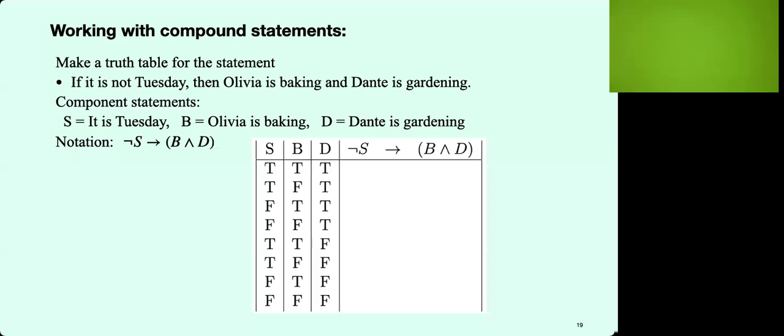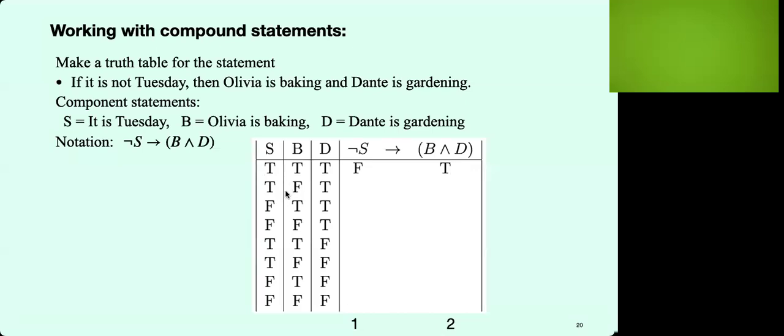All right, so let's start with the very first row of our truth table for our compound conditional statement. The first thing I'm going to do is determine the truth or falsity of not S, and also determine the truth or falsity of B and D. And in the first row, S, B, and D are all true. So that means that not S is going to be false, and B and D will be true.